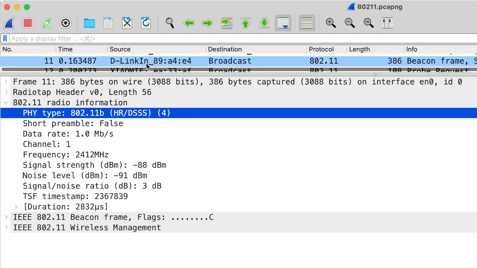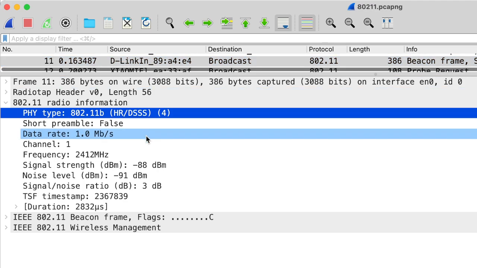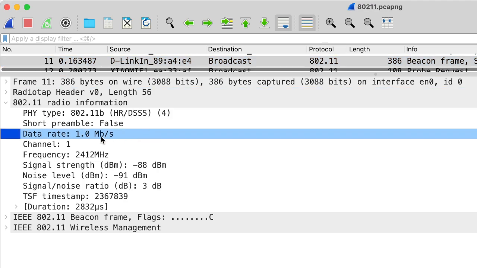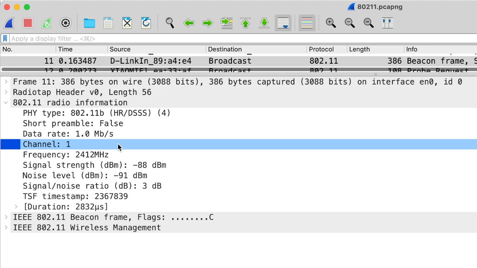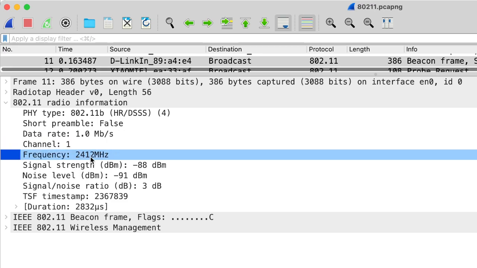So I think that is an access point of my neighbor, because I captured these 802.11 frames at my home. The beacon frame will be sent at a very low rate, which is 1 megabit per second. And my neighbor's access point uses channel 1, the first channel at 2.4 gigahertz, right?